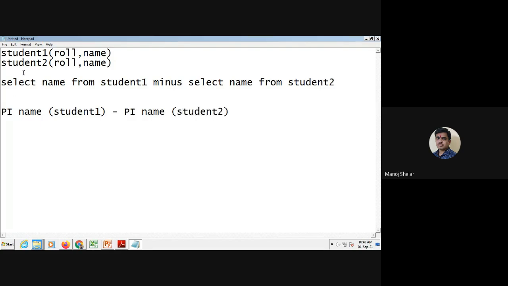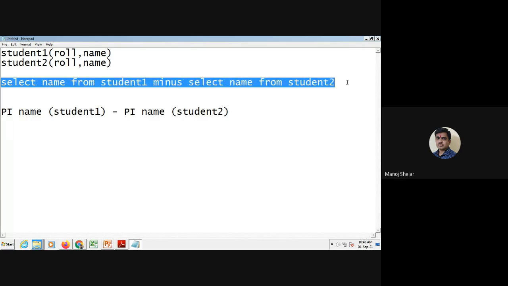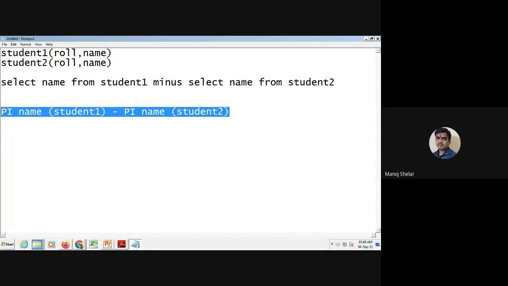Simple. This is a normal SQL query, and this is a relational algebra query.